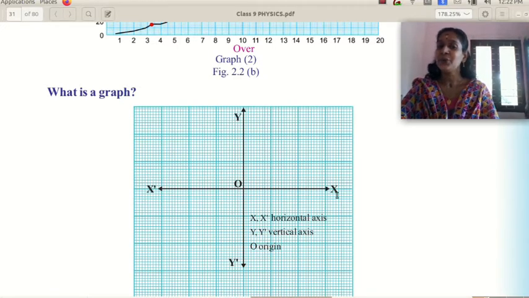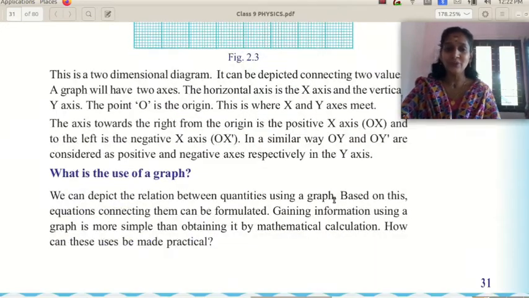Then second, you tell the values marked on the x-axis. For example, if it is time, we can draw a position-time graph. At first, you say the values marked on the y-axis, and the second time, you should say the values marked on the x-axis.